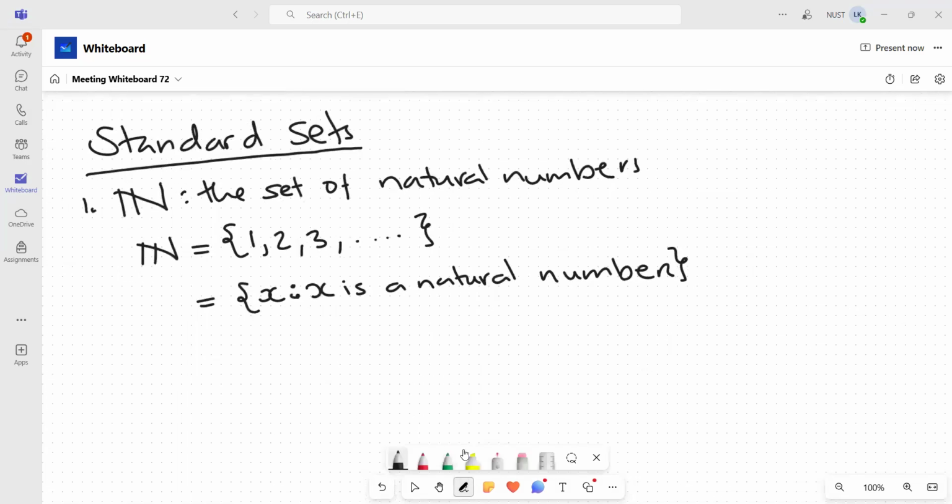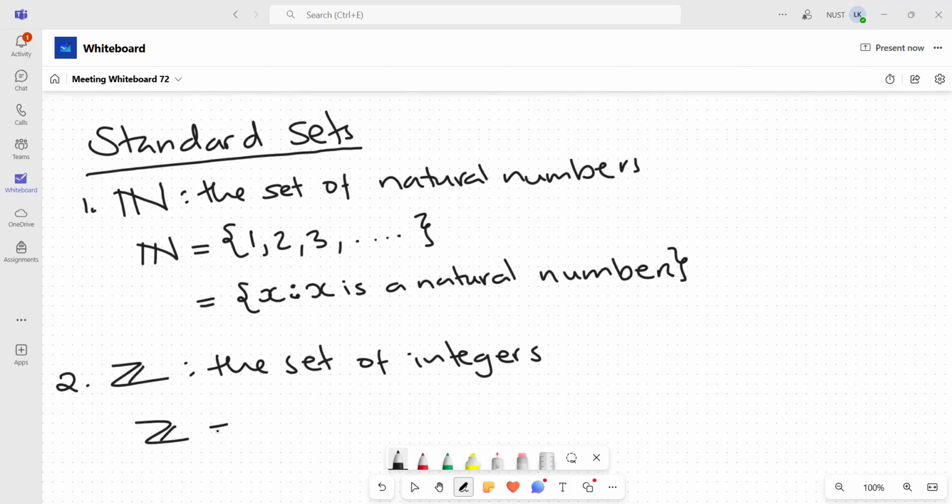Then we have the set of integers, which we denote with this Z. We can write Z where we have dot, dot, dot, it starts at minus infinity, then eventually we get to -2, -1, 0, 1, 2, and it goes on forever like this.